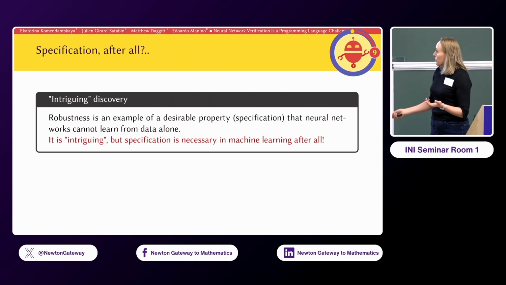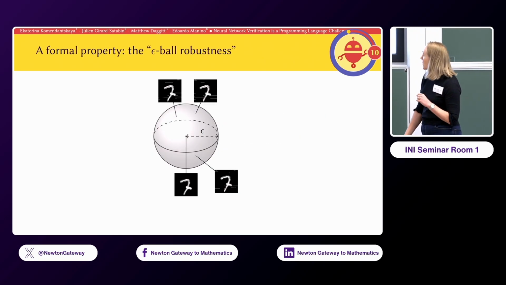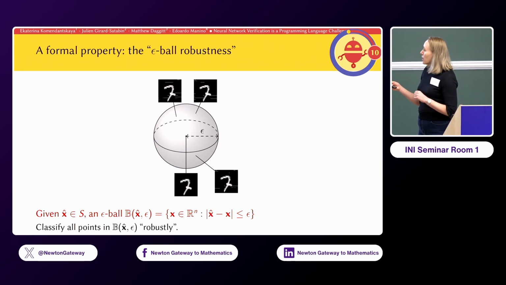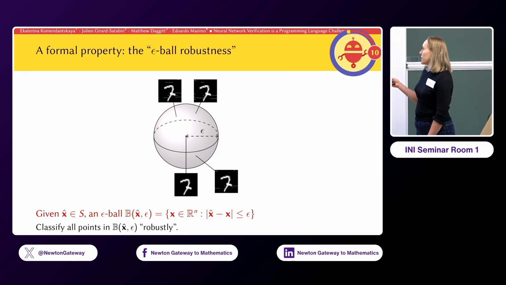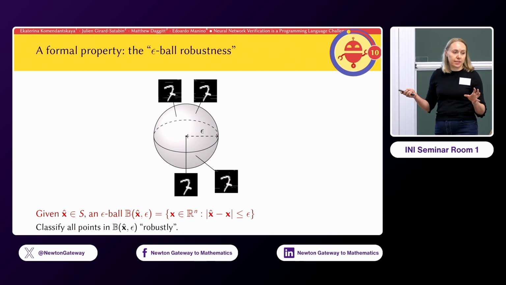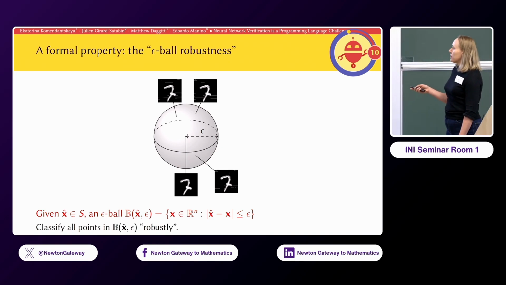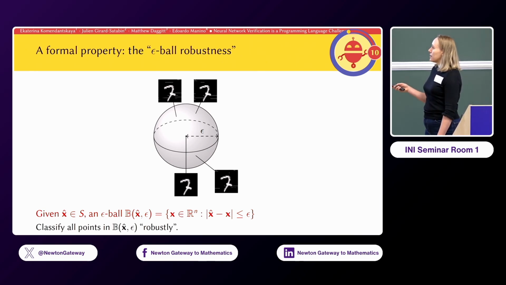Let me prove this point and actually show that it's a proper mathematical specification. You want to define, first of all, something that in machine learning and neural net verification is known as the notion of an epsilon ball. Suppose this image of a 7 is actually from your data set. This is a multidimensional vector space, and I'm drawing an epsilon ball around my 7 from the data set.